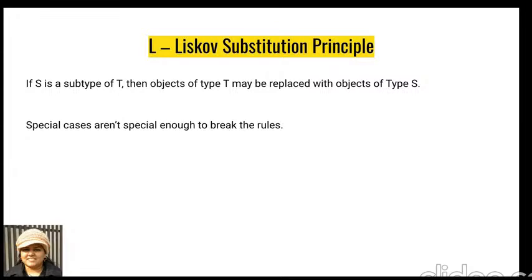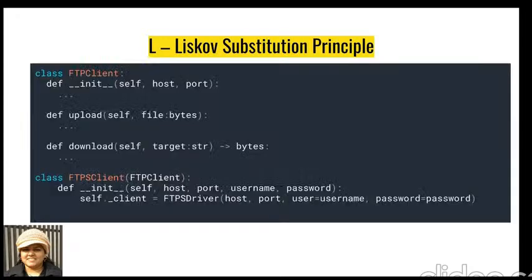Let's take an example. Let's say that we have another FTP class which is for secure connection. If we want to have this class in place, we want to make sure that it can replace the FTP client object. Let's look into this example further. A specialized case for FTP file transfer is supporting a secure connection.